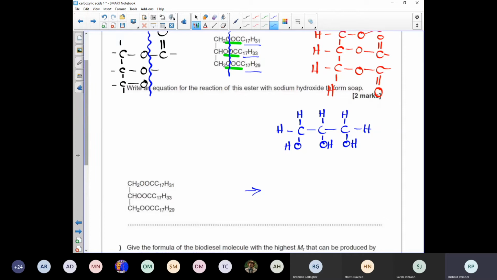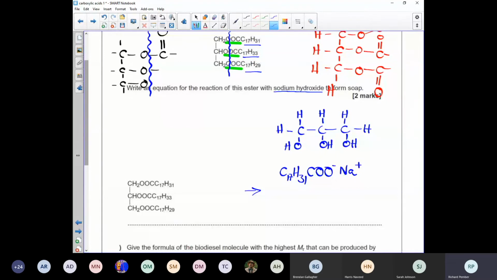I'm going to write them the other way around. So I'm going to put C17H31, and then my acid group. Like in the previous question, I just need to be mindful that I'm not going back to make the carboxylic acid, but rather I'm going to make the salt of the carboxylic acid when I hydrolyze that.